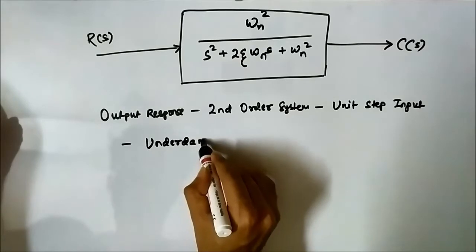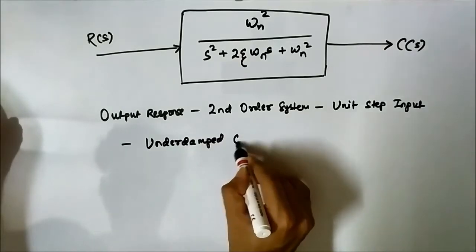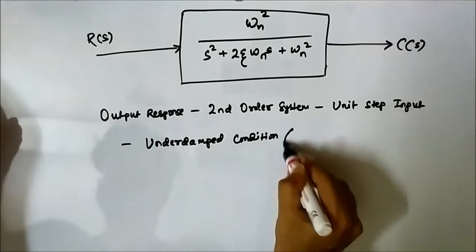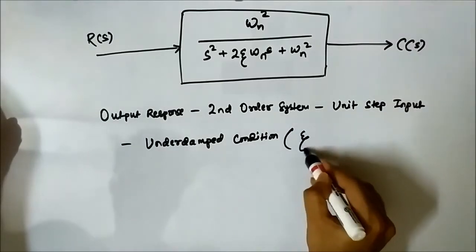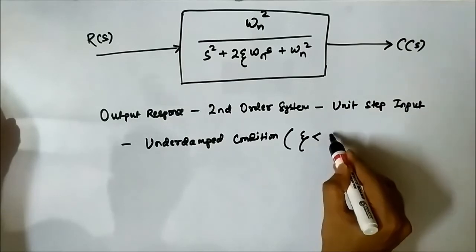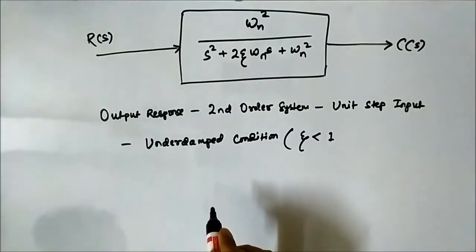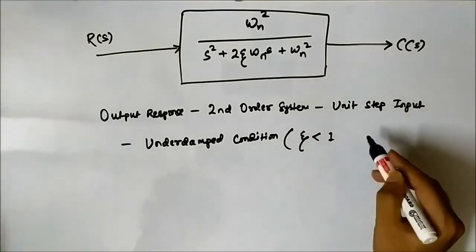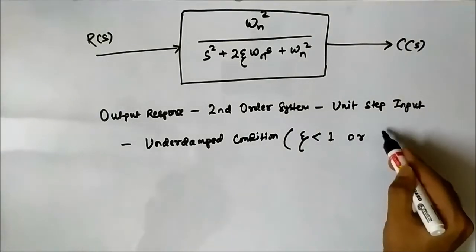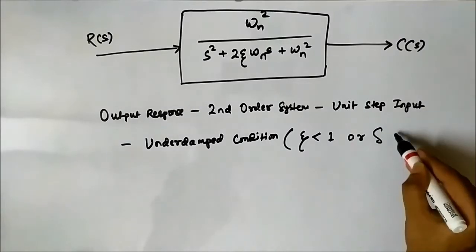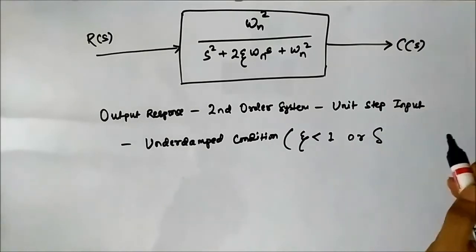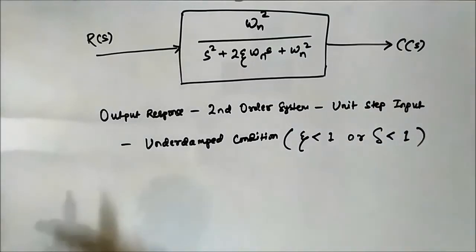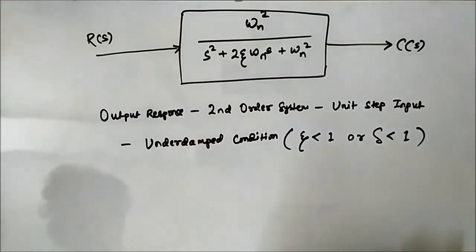Underdamped condition means the damping ratio zeta is less than 1. If you consider delta as the damping ratio, that is also less than 1. So this is the particular case.